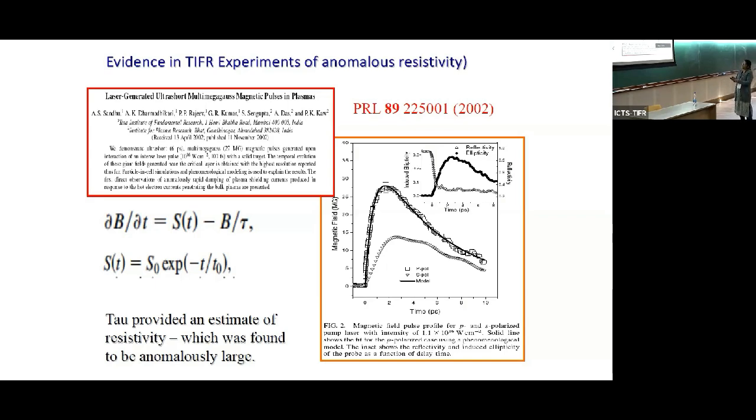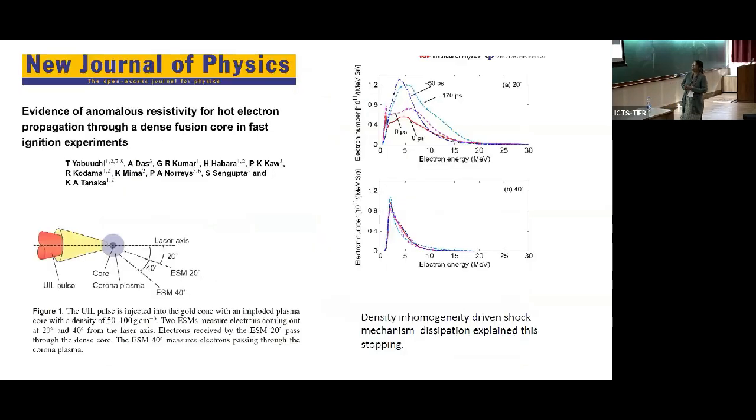S0 is the source creating the magnetic field, and tau is the dissipation. When one estimated this tau value from the fit, it corresponded to a resistivity about an order of magnitude higher than conventional values would predict. So tau essentially provided an estimate of resistivity, which was found to be anomalously large. This was the first evidence that something is happening which makes resistivity larger.